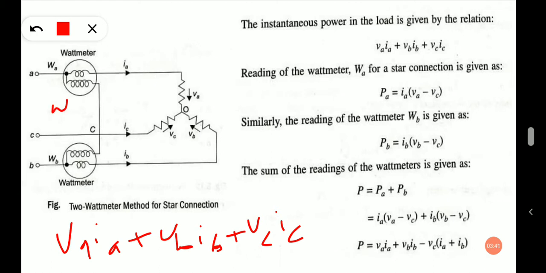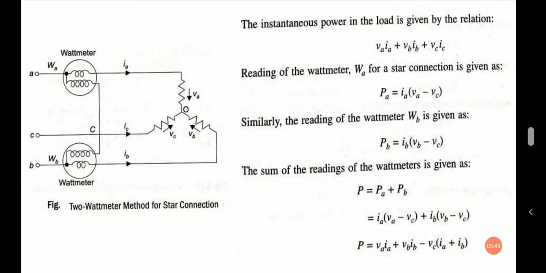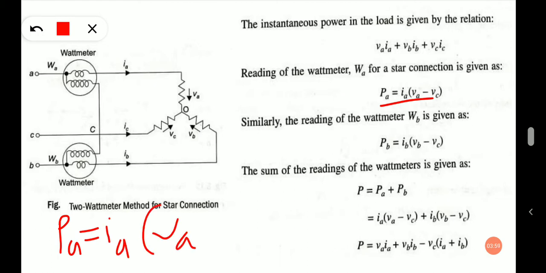For star connection, it will be PA equals IA times (VA minus VC). This wattmeter's pressure coil is connected across phases A and C.